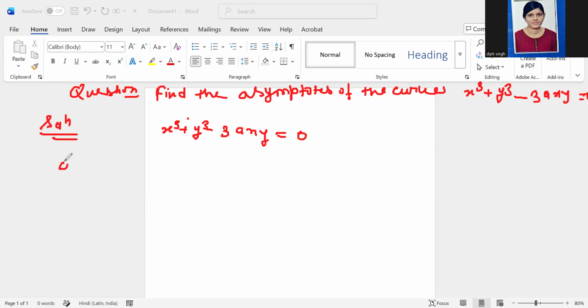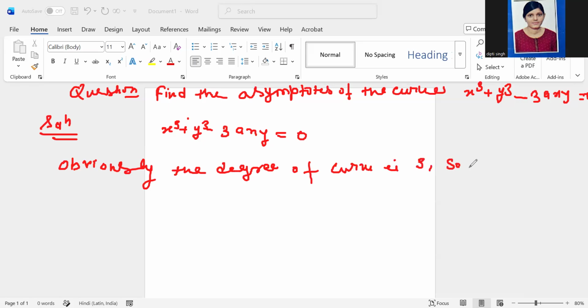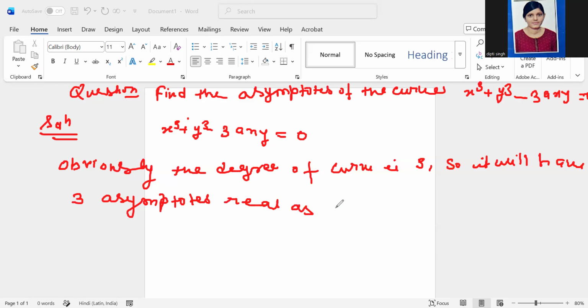So just write like this. Obviously, the degree of the curve is 3, so it will have 3 asymptotes, real as well as imaginary.